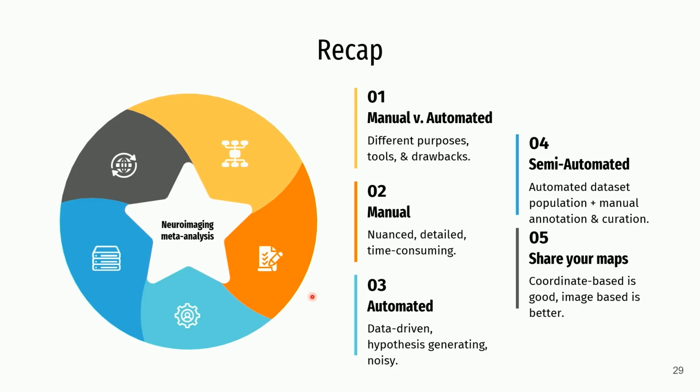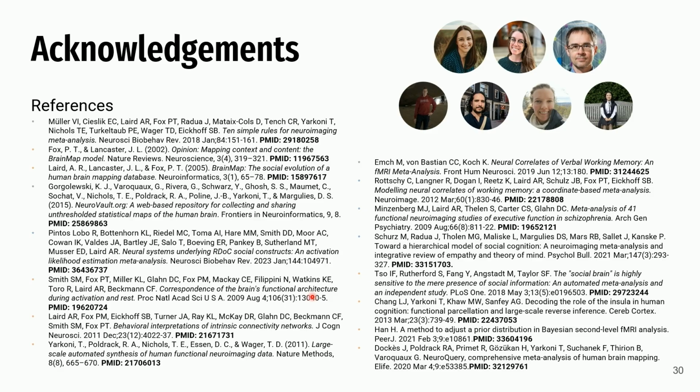And then share your maps, because as we mentioned, image-based meta-analysis is a more robust approach, but the drawback is that we're not sharing our images, our maps, enough. So thank you all, and on to the next if you don't have questions.